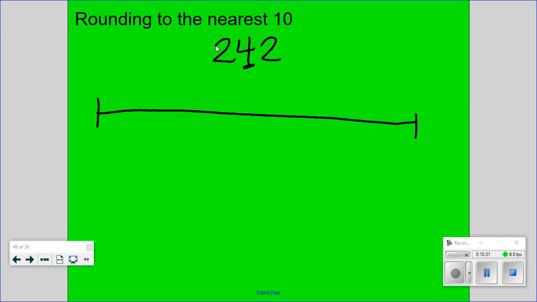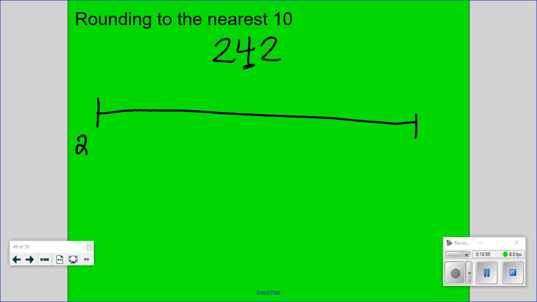What's going to be my first endpoint on my number line? It's not 242. What is it going to be? Liam? 240.